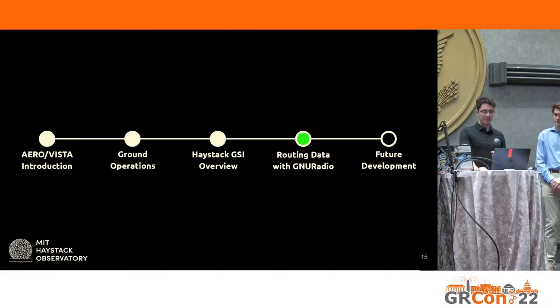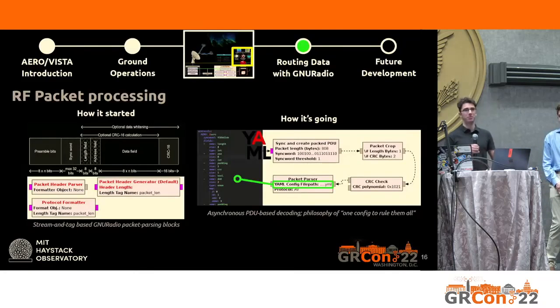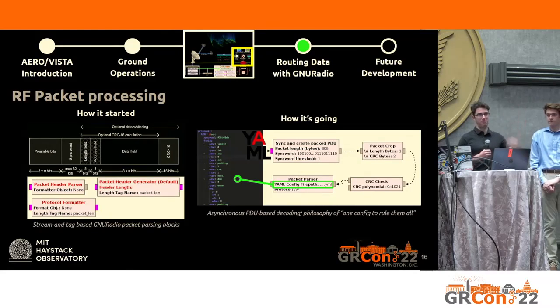I'll give some specific examples of the problems that we were working with in building this software. One of the most important things is the packet processing. This is after you have the radio signals downlinked from the satellite and you've demodulated them into a bit stream.